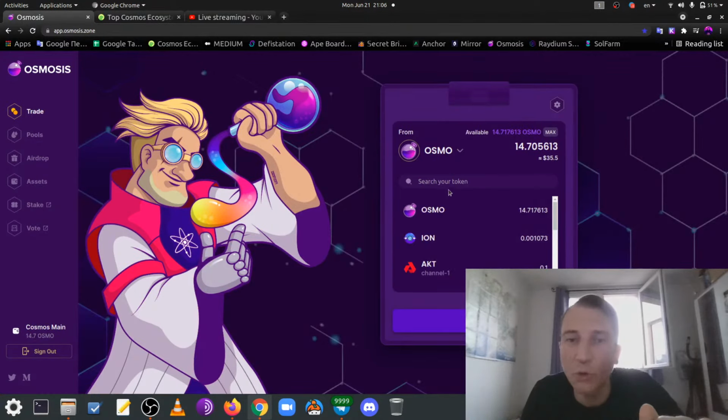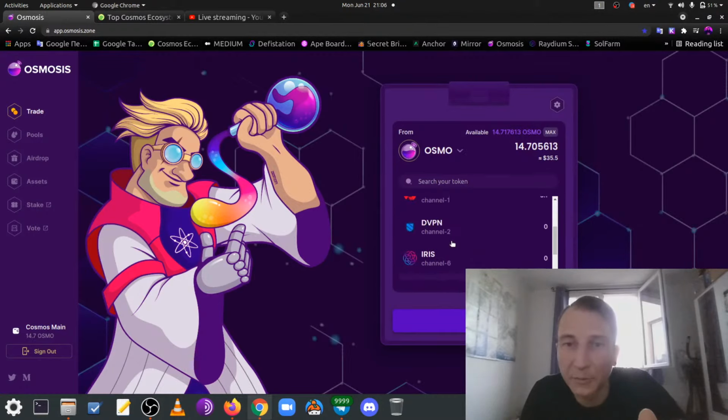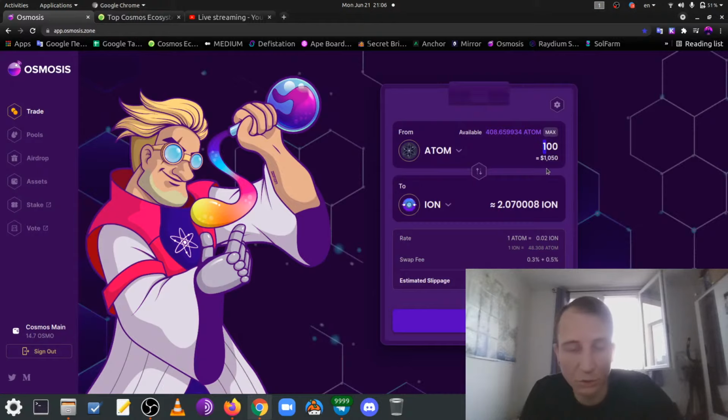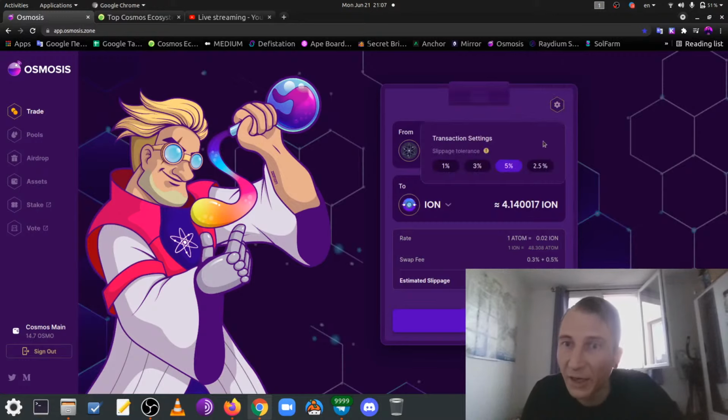But if we go, for example, to the pool ion and atom that we remember, and we change a little bit, and we say we want to change 200 atoms, we will see estimated slippage 4.364, but I put 2.5 here.